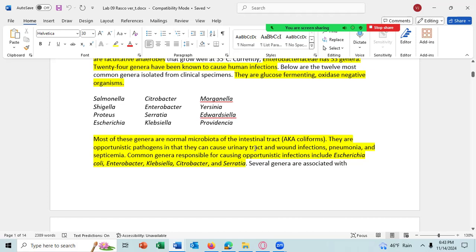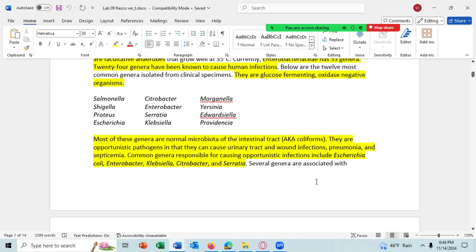And they are opportunistic pathogens in that they can cause urinary tract infections, wound infections, pneumonia, and septicemia. Septicemia is just blood infections. Common genera responsible for causing opportunistic infections include Escherichia, such as E. coli, Enterobacter, Klebsiella, Citrobacter, and Serratia.